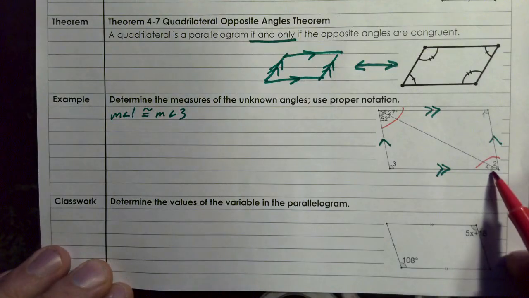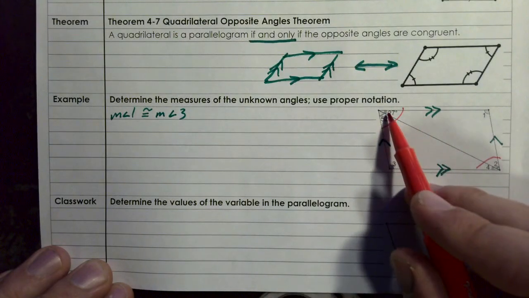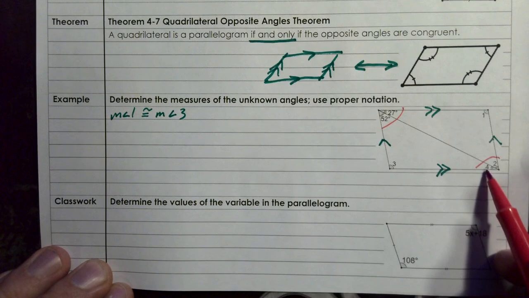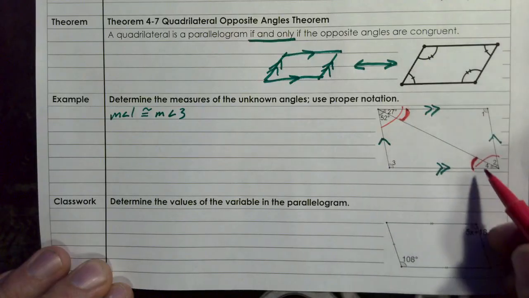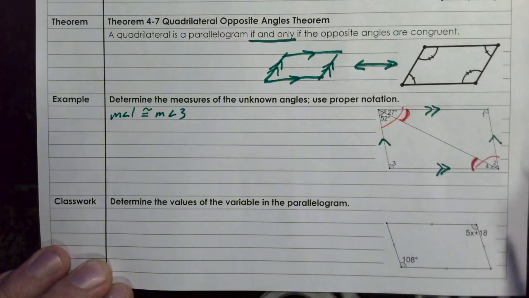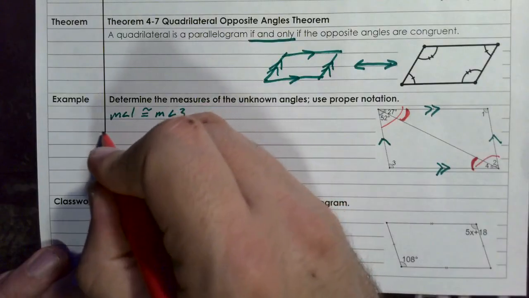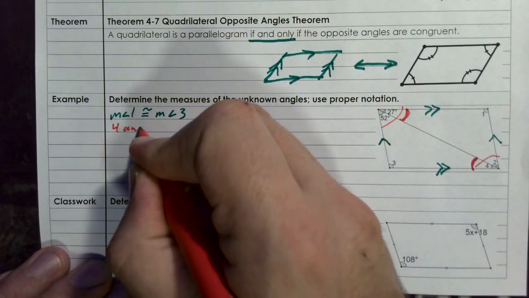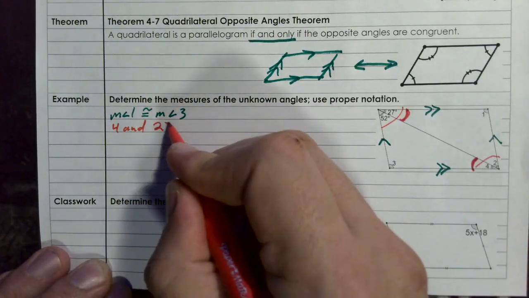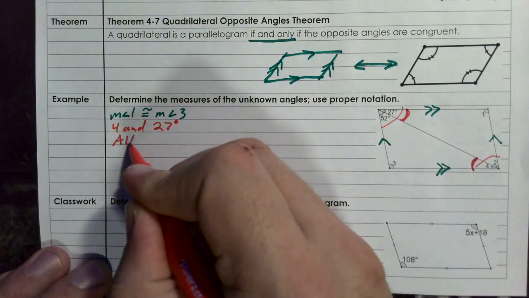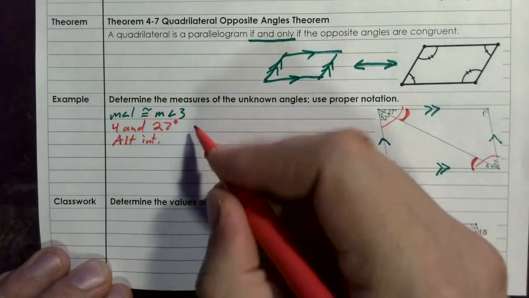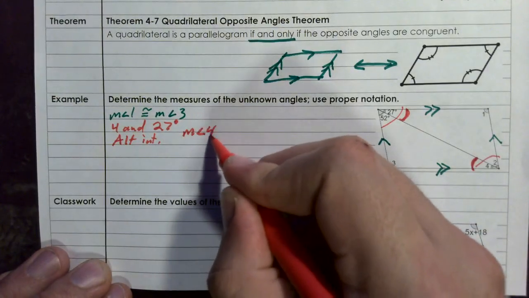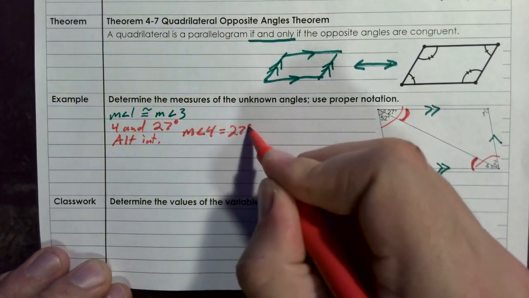In fact, there are triple marks up here and triple marks over there, because these two angles, this angle right here and this angle right here, are alternate interior angles. Angle 4 and that 27 degrees are alternate interior angles, which are congruent. So we know from that the measure of angle 4 has got to equal 27 degrees.